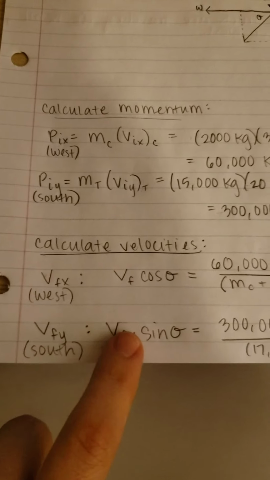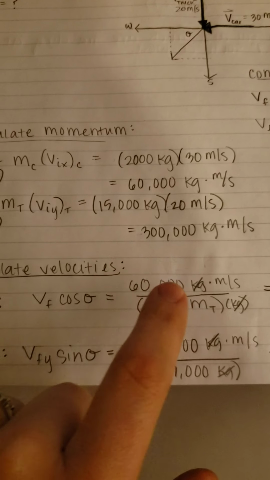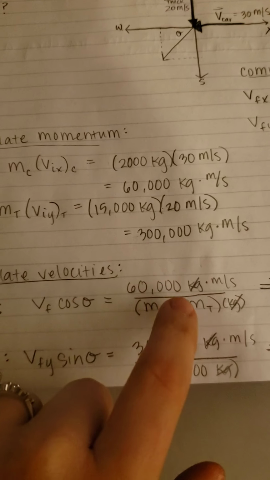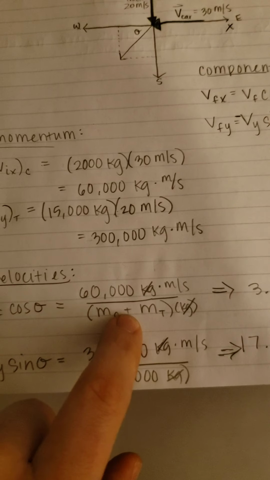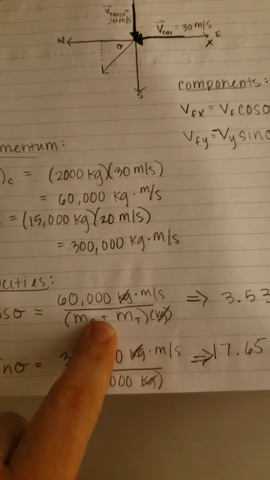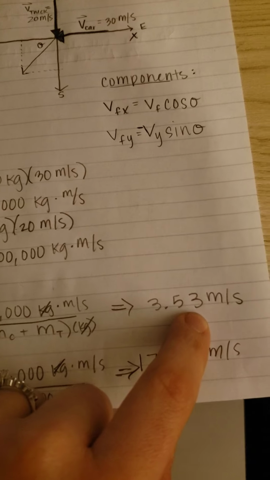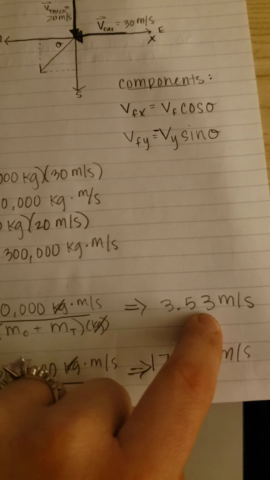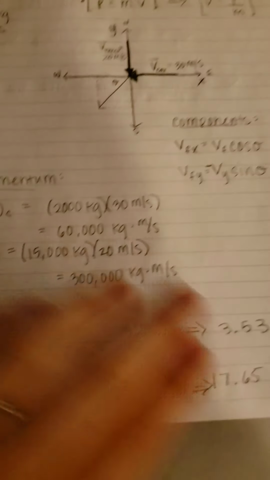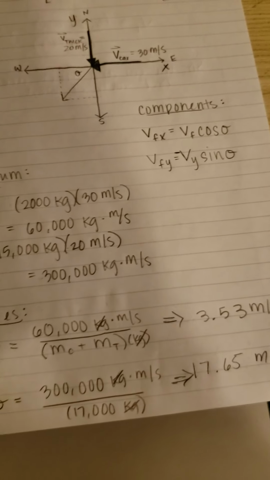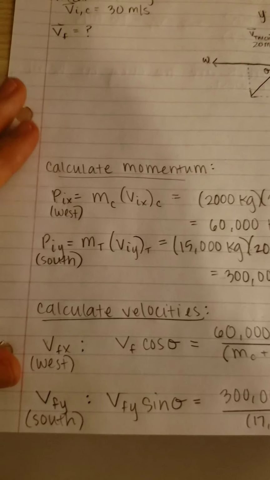So we can plug that in here, and that's going to equal 60,000 over our total for our masses. So 17,000 for both the car and the truck. So we get 3.53 meters per second is going to be our velocity in the direction of west.